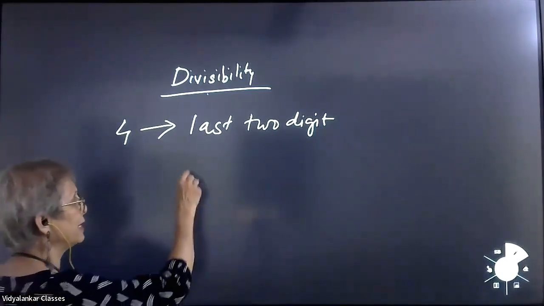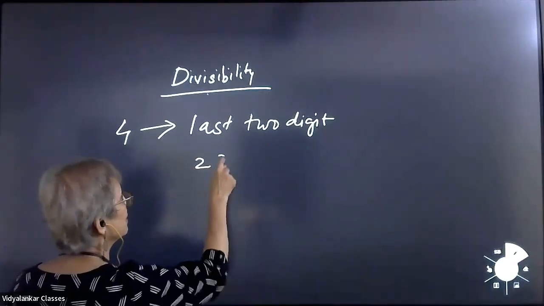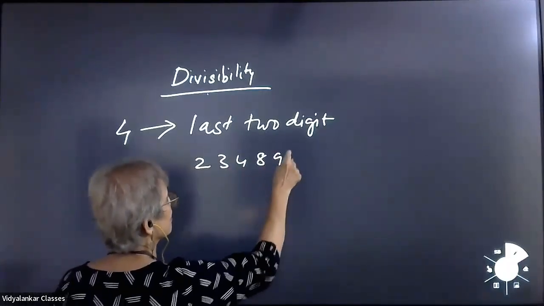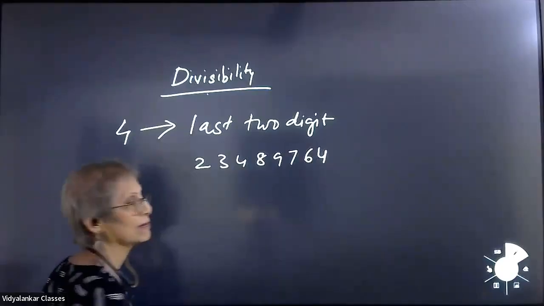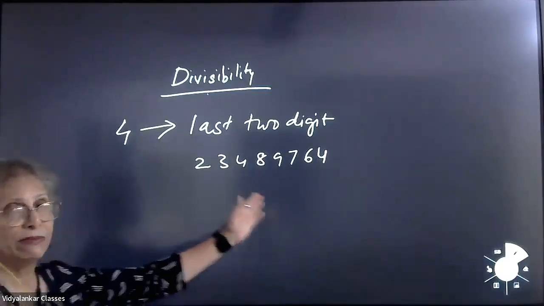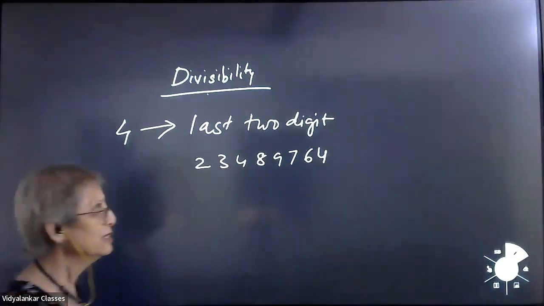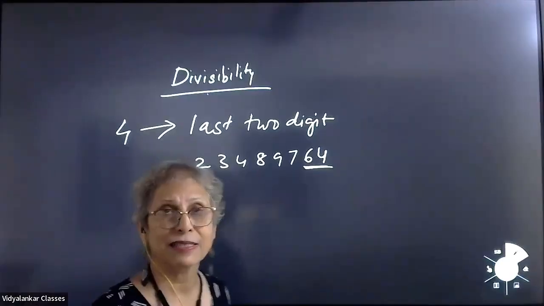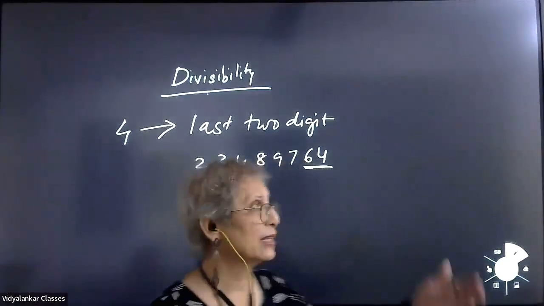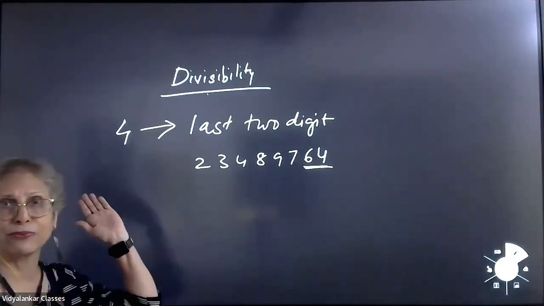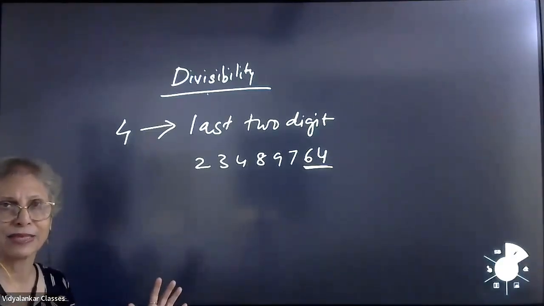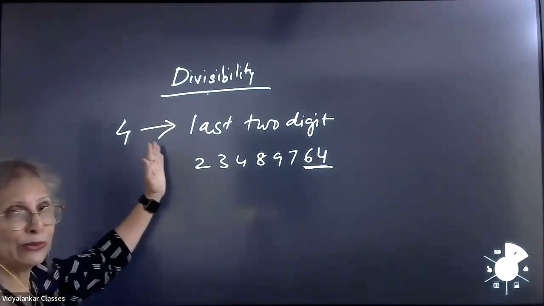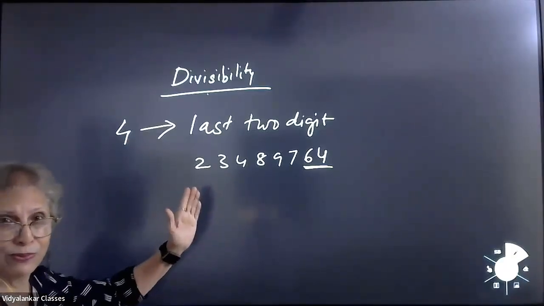See, for example, I am writing a very big number. You don't have to do division. You don't have to do anything. Just see what the last 2 digits are. 64. Then yes, 64 is divisible by 4. Therefore, this whole number is divisible by 4. Very simple test, right?